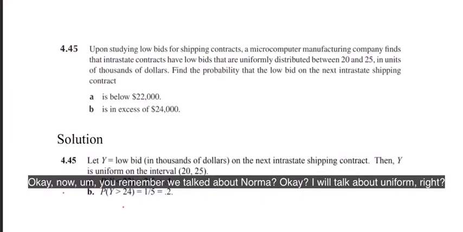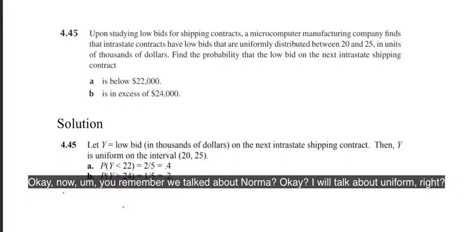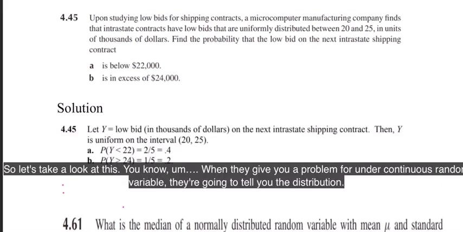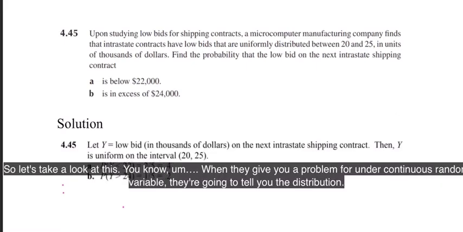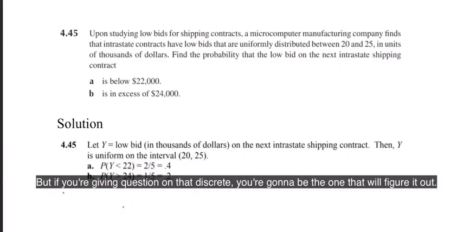Now, you remember we talked about normal, and we talked about uniform, right? Let's take a look at this. When they give you a problem under continuous random variables, they're going to tell you the distribution. But if the question is under discrete, you're going to be the one to figure it out.